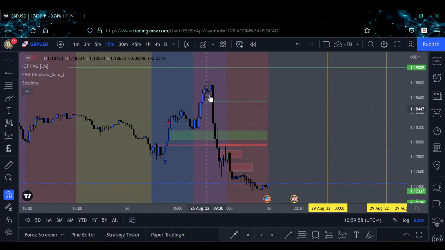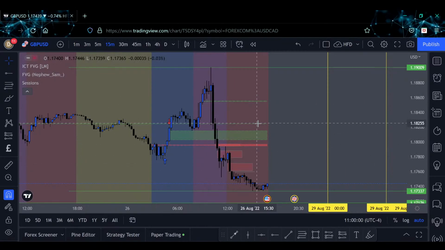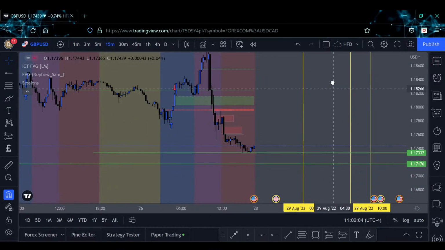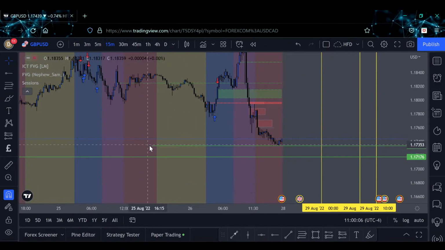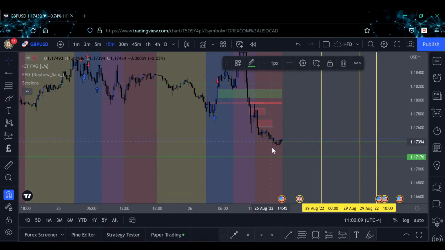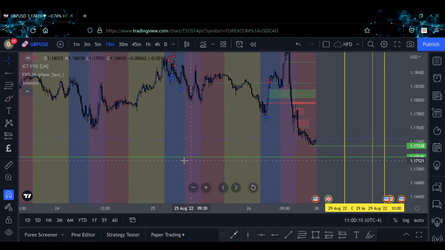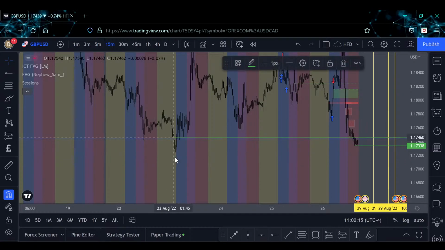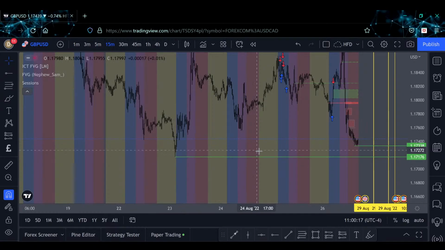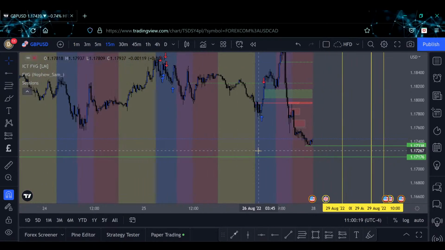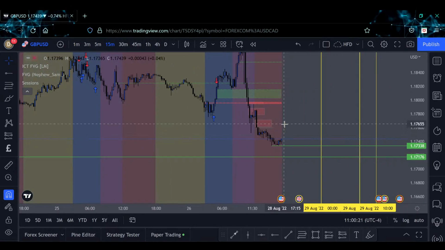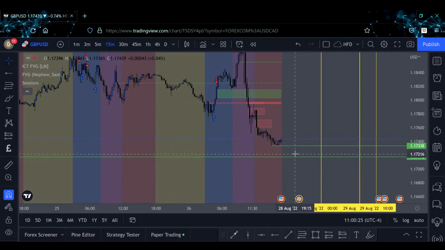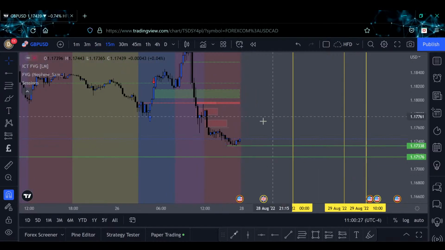Downside's been taken, so I suppose it could still take previous lows from the 23rd. Could pull up a fair value gap trap. We'll just roll over, take it along and reverse.